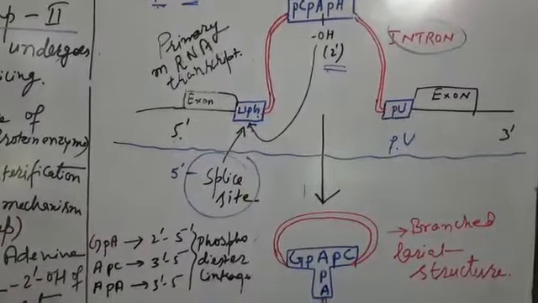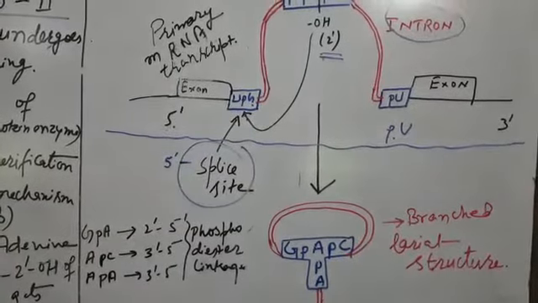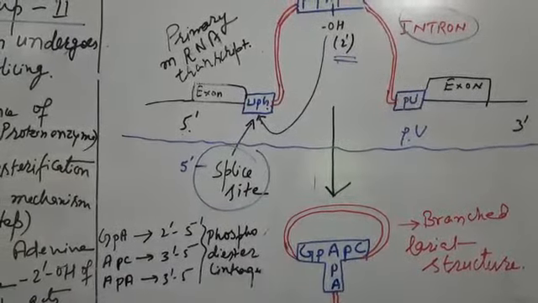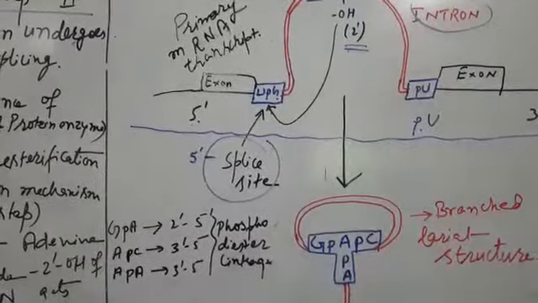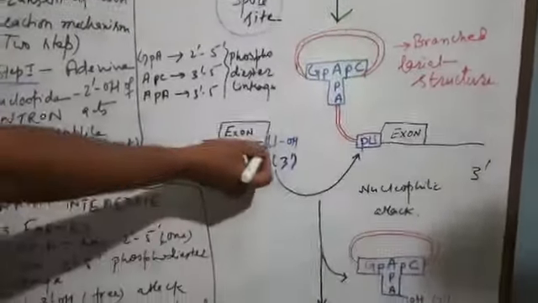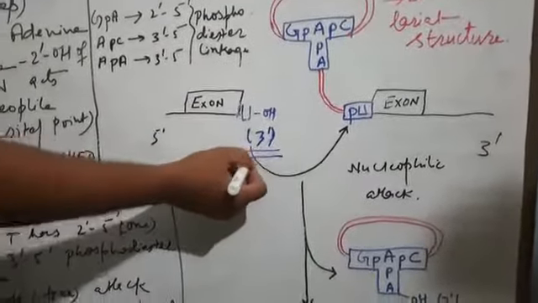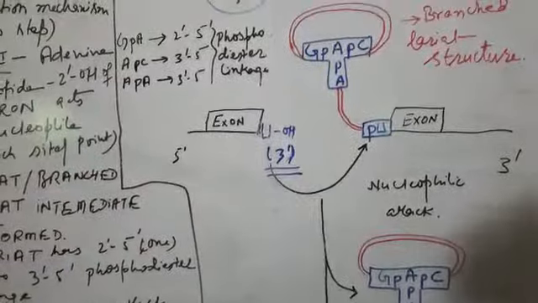And what will be the result of this? As the result of this nucleophilic attack, at the 5' exon you have a free 3' OH group now.